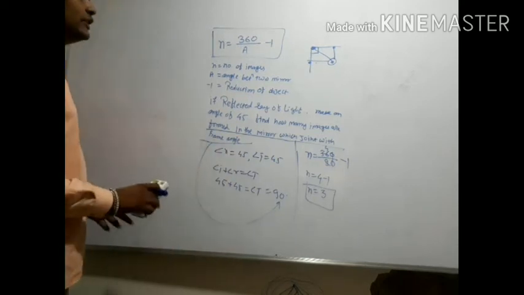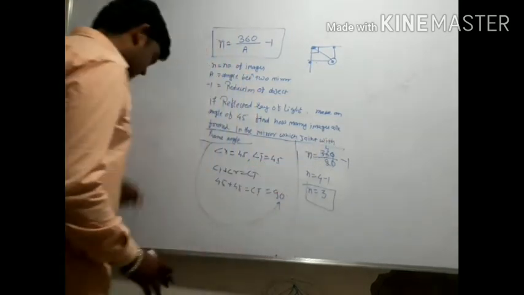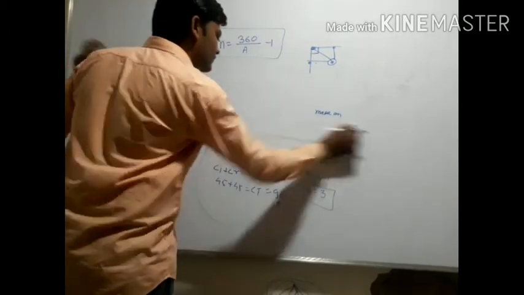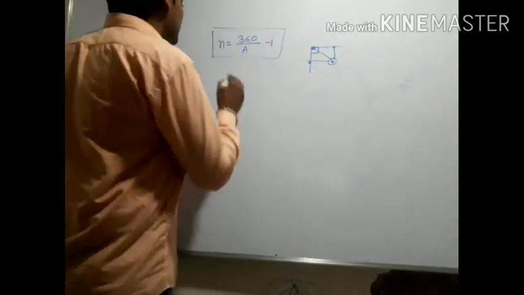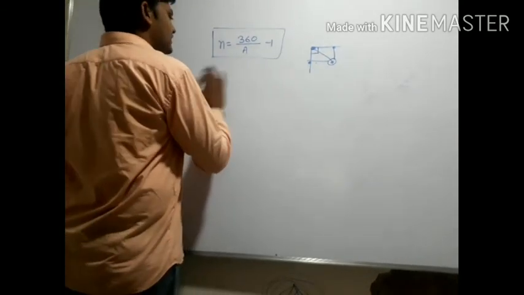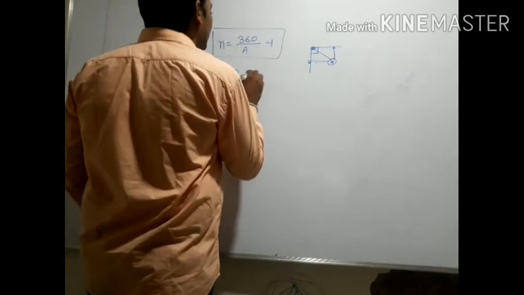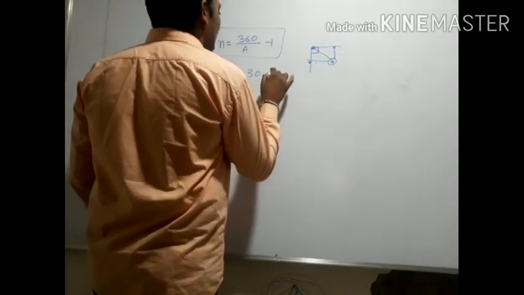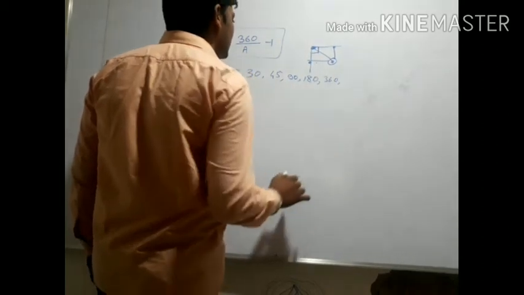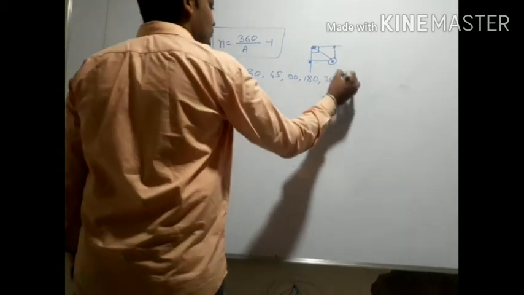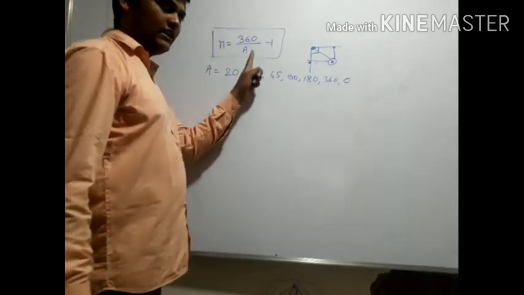Now I'll give you the second numerical. The angle between two mirrors is, you have to take 20, afterwards 30, 45, 90, 180, 360, and next 0. Tell me how many images you got in each angle.